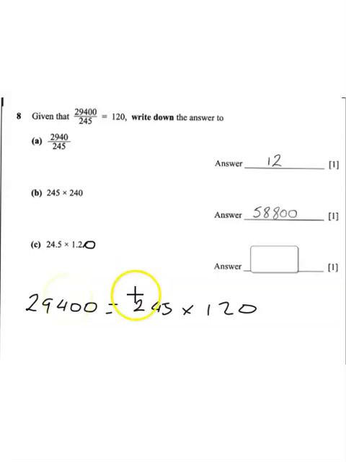Now you can take that 29,400 and just go 1, 2, 3, so it ends up becoming 29.4. That just means there would have been three numbers after the decimal point. Because there are zeros at the end, we've just got rid of them and are left with the 4. But it would have been 29.400.